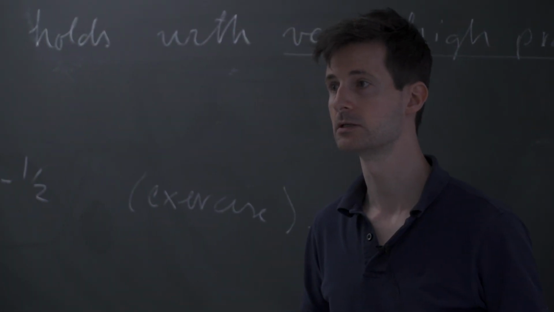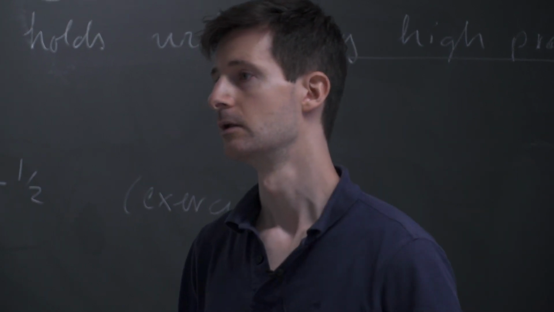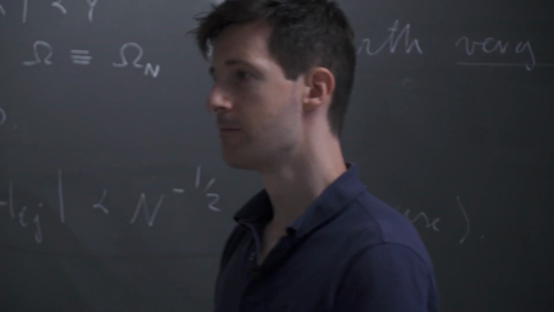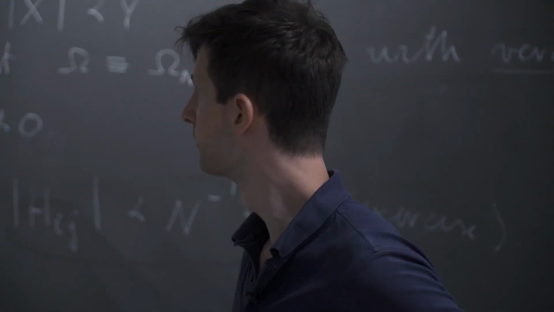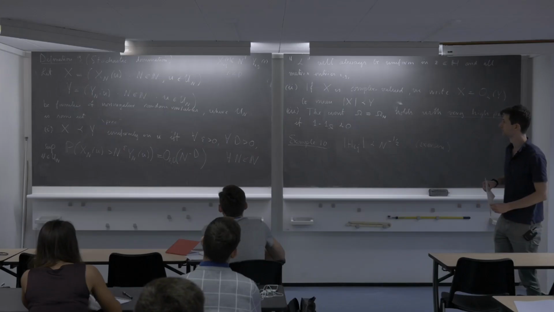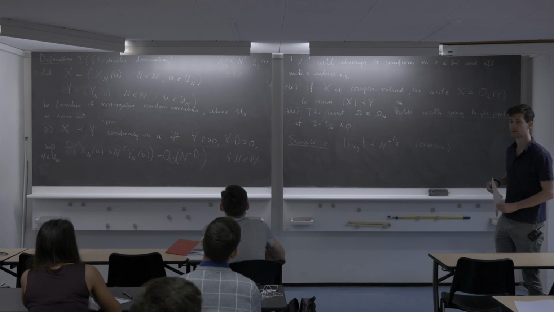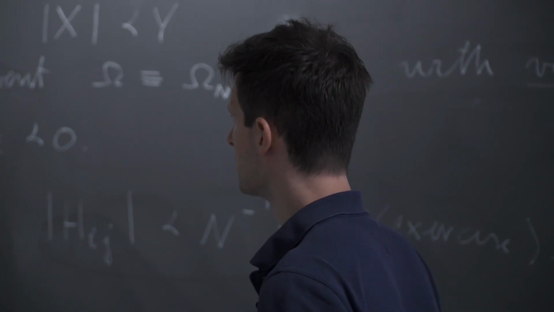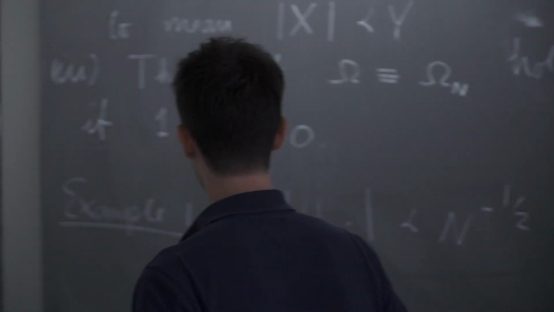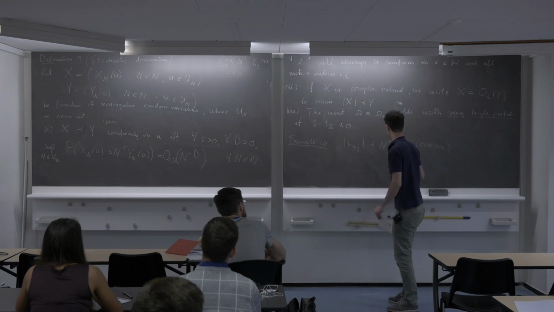Yes. Was there a question? Yes. Just formally for the definition of holding with very high probability, our set U_N would then be like the Cartesian product of the matrix indices and all omega in our underlying probability space. I have a bit of a hard time to see the connection. Okay, so let me take an example here.